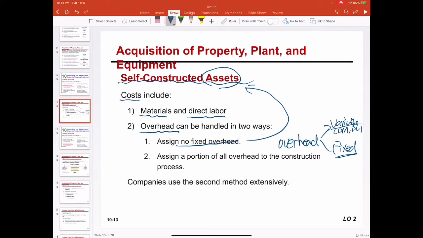The other is to assign a portion of all overhead costs to the construction process. Obviously, the first one is not preferred because that will understate the value of the asset. So we are going to use the second approach to handle the overhead cost, especially the fixed overhead cost.